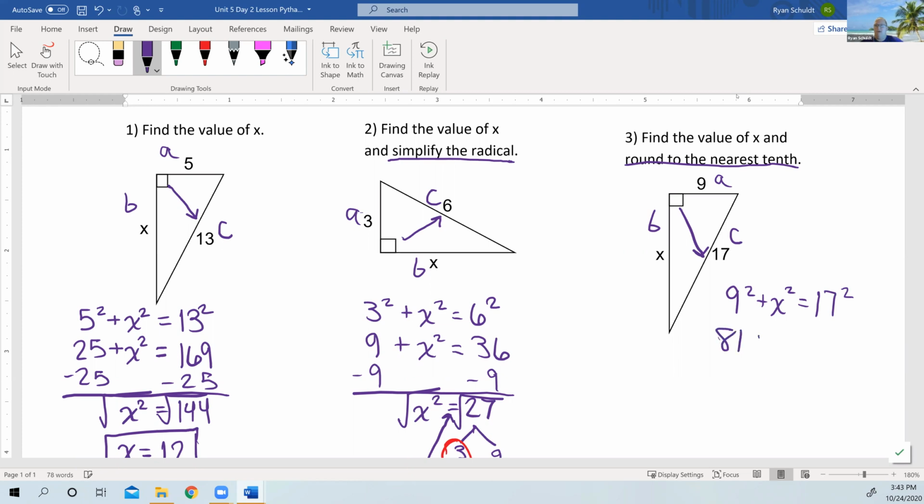It's going to be 81 plus x squared equals 289. Subtract the 81. I get x squared equals 208.